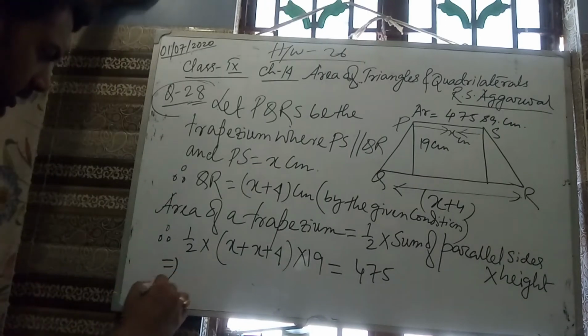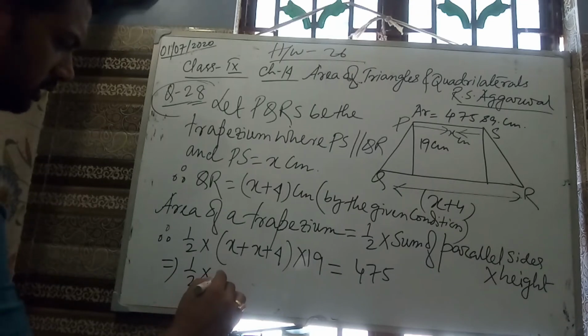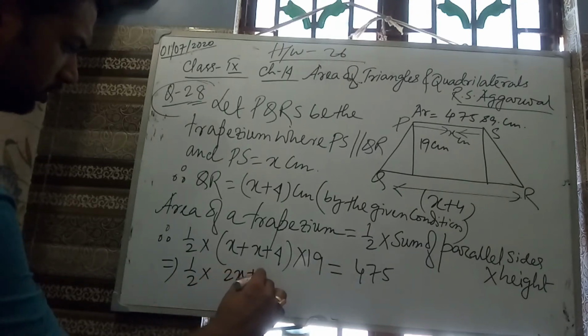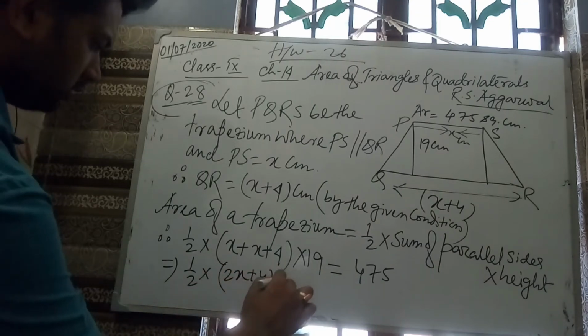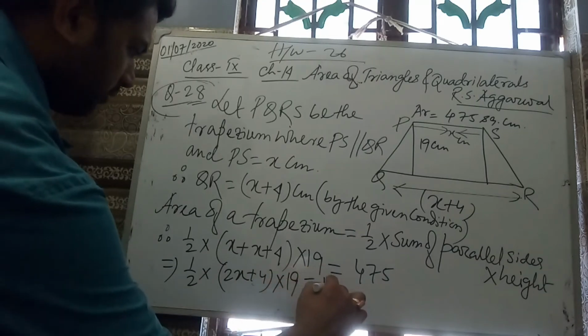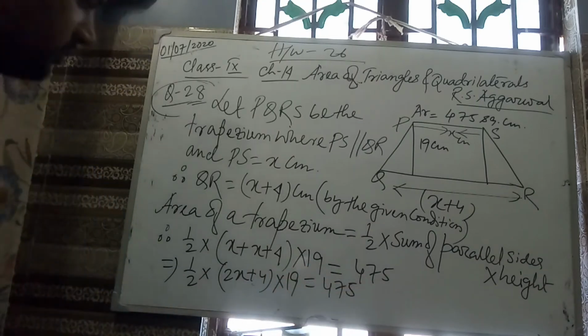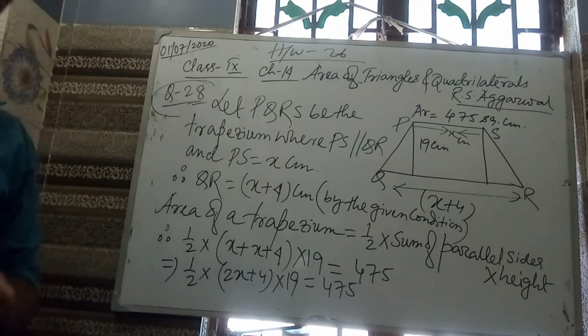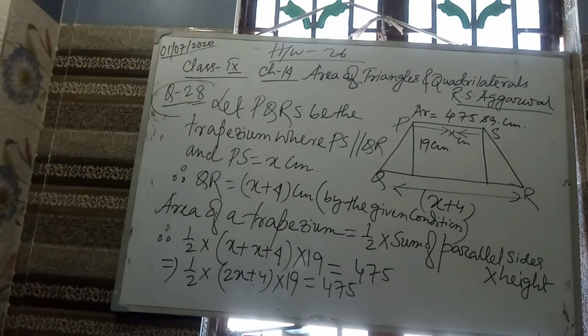That implies half into 2x plus 4 into 19 equals 475.